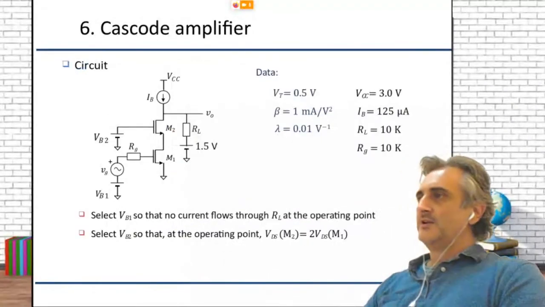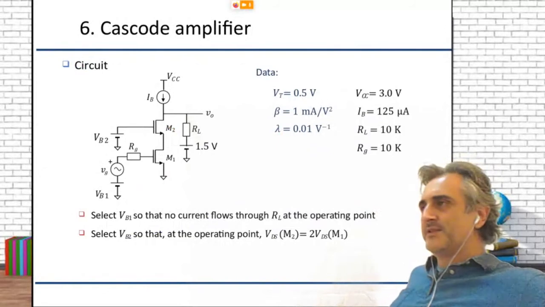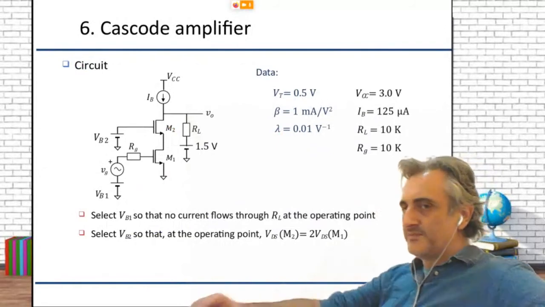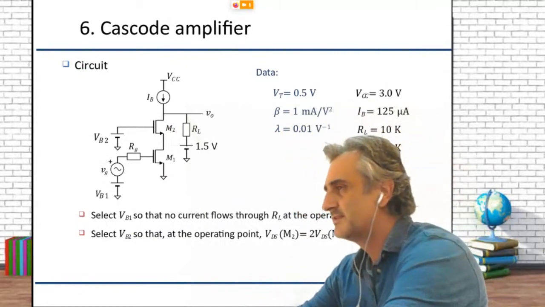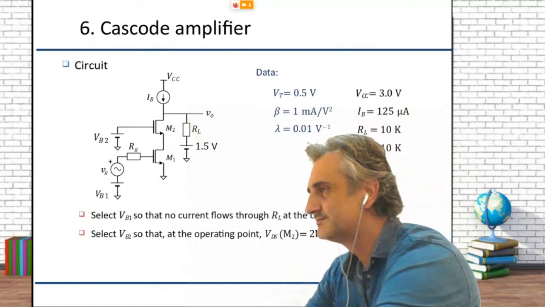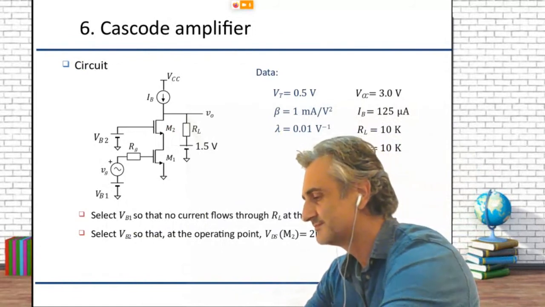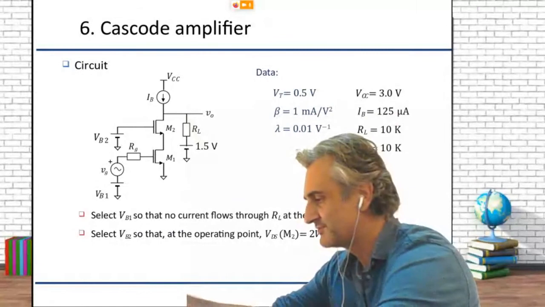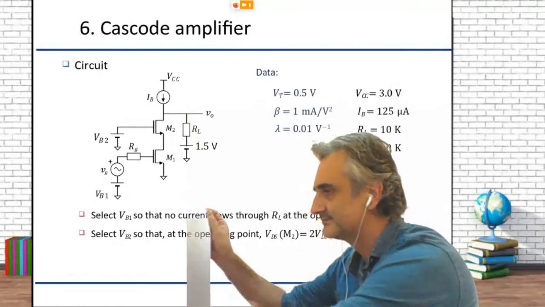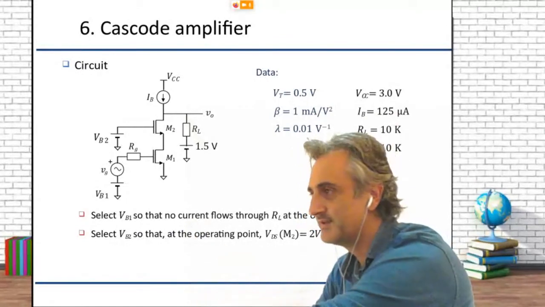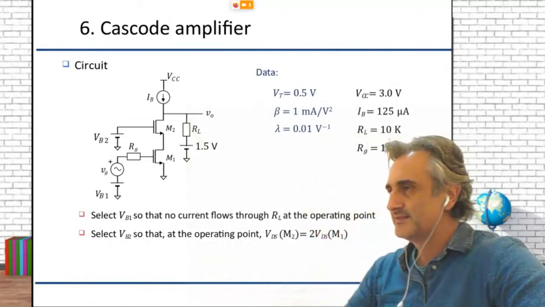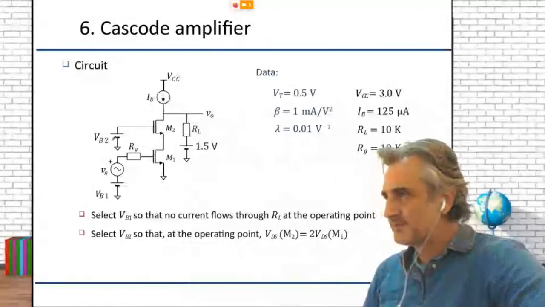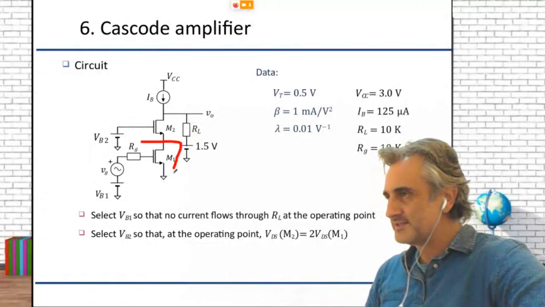Okay, then let's see how the cascode amplifier works. This is the cascode amplifier. Can you recognize the different parts of the system? Notice that below, what is this part?